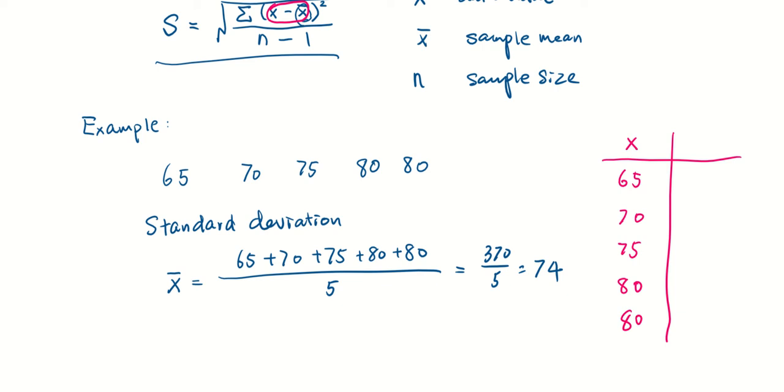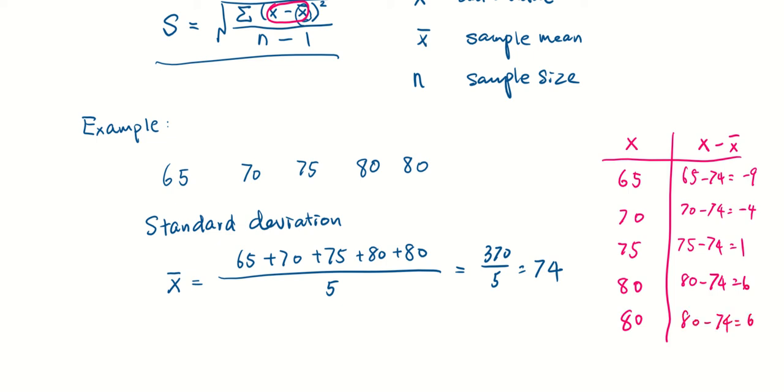For each x minus the sample mean, I'll have 65 minus 74, which is negative 9. Then 70 minus 74, negative 4. 75 minus 74, which is 1. 80 minus 74, this is a 6, and this is another 6.